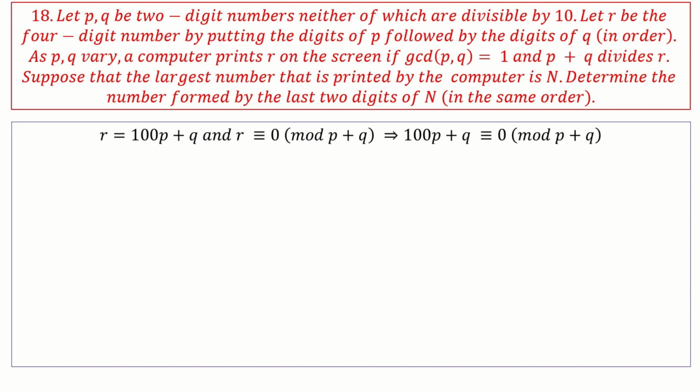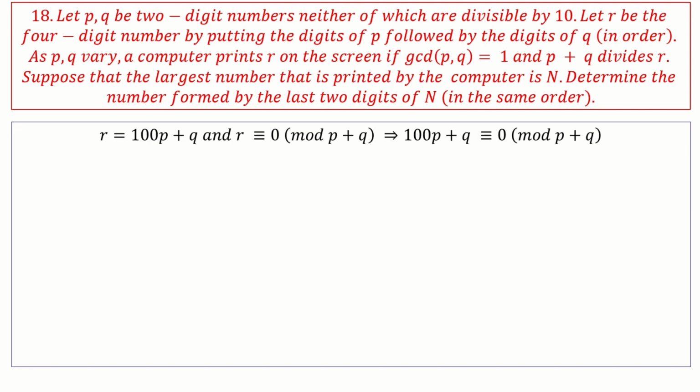See, it is given r is equal to pq, right? 100p plus q. This is the number, right? If I put pq digits continuously, p will be 100 times and q will be the same, because it will be in tens and units digit. So r is equal to 100p plus q, and it is given that r is divided by p plus q.